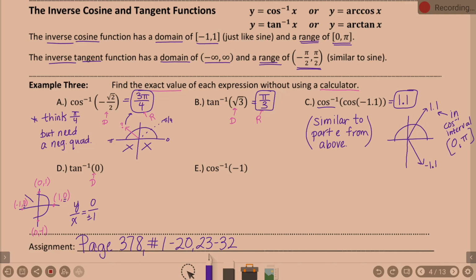Anything from negative pi over 2 to positive pi over 2. Does pi fall in between negative pi over 2 and positive pi over 2? No. But what does? 0. Okay? So I'm looking for the answer of 0. I'm not sure I've sold everybody on that one. Is there a question I can answer?